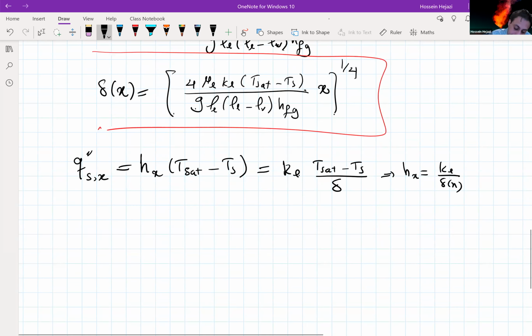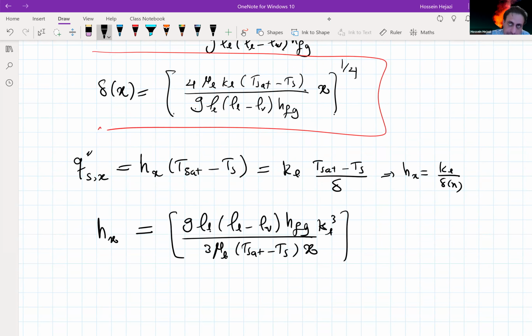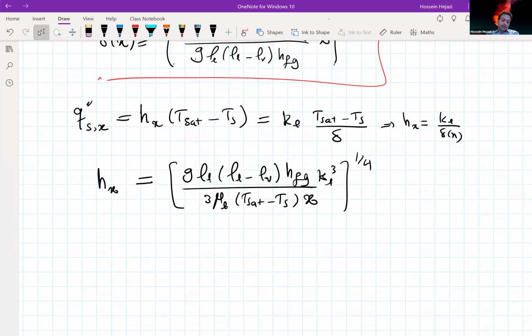So I can get an expression for h of x, the heat transfer coefficient, which is going to be [g rho L (rho L minus rho V) h_fg k_L cubed divided by 3 mu L (T_sat minus T_s) times x] to the power of 1 over 4. So this is going to be the local heat transfer coefficient at any location of this plate.